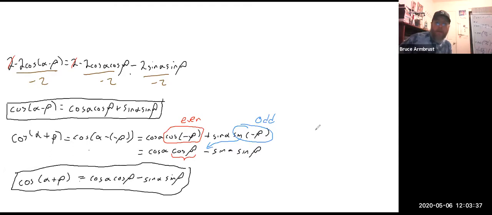But now, let's see if we can build one for sine. So what I'm going to do is start up here, and we're going to look at sine of alpha minus beta. Actually, let's do sine of alpha plus beta.